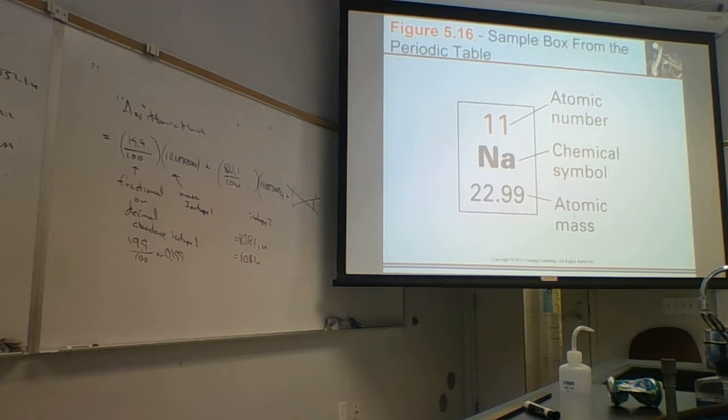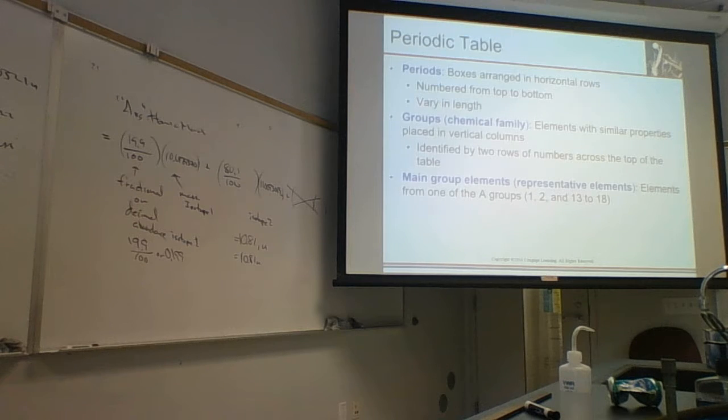We talked about the numbers on the periodic table. We talked about the periods. The periods are the rows. The families are the columns. We have the main group, the first 2 columns and the last 6. Then we have the transition metals.